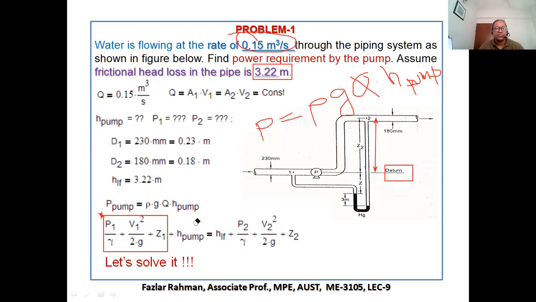Here V1 we know, Z1 we know, P1 we don't know. HLF we know, V2 we know, Z2 we know, but P2 we don't know. So there's some relationship between P1 and P2 that we need to figure out from the manometry. Okay, so let's see, we can solve it easily.